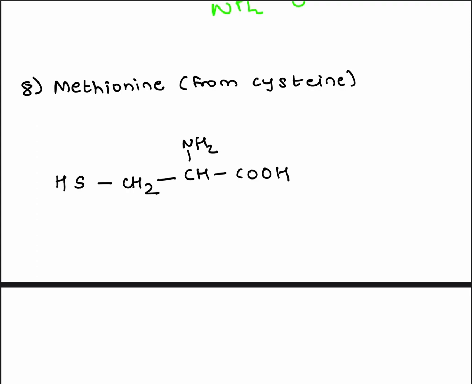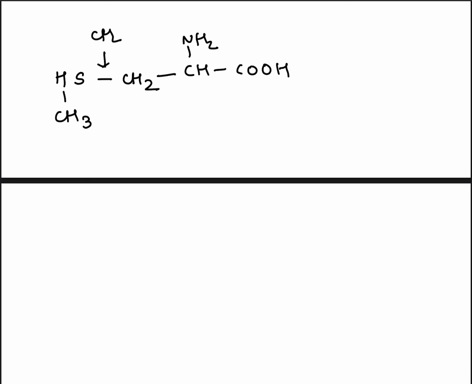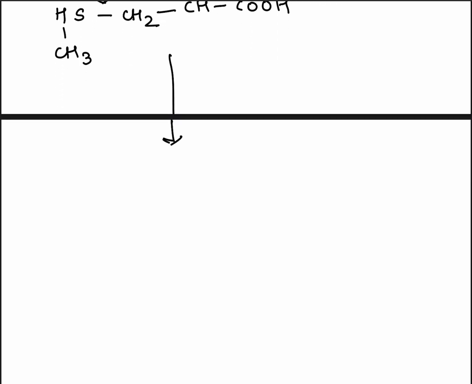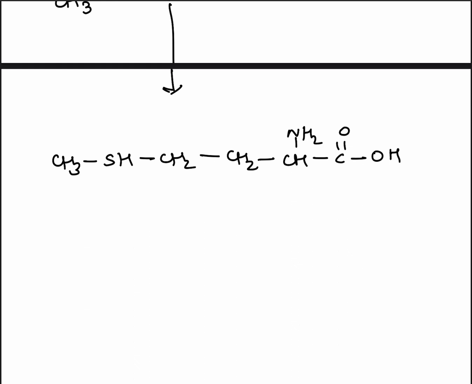Just add CH2. Okay, this is our alanine structure. Now the next thing we are going to do is add a CH2 group here and join this one with CH3. This whole structure will look like this: SH, there is a presence of 2 CH2 groups and the rest of the structure is the same. So this is how our methionine looks.